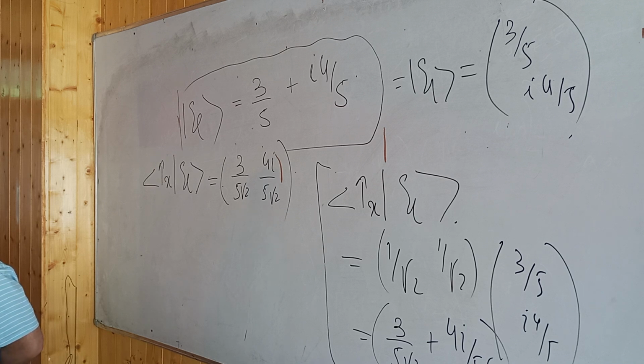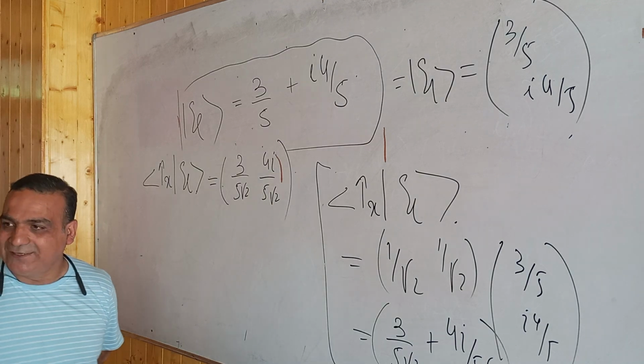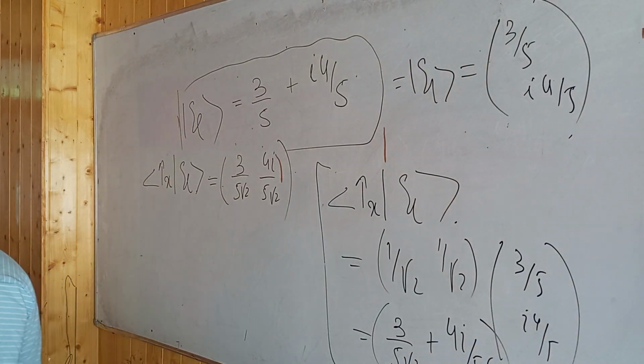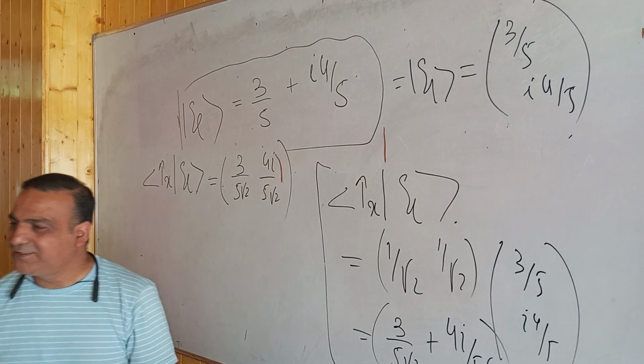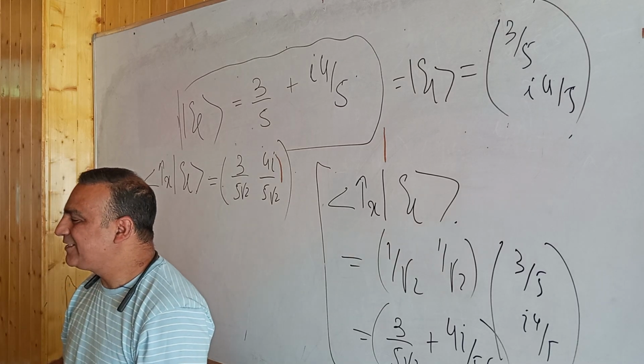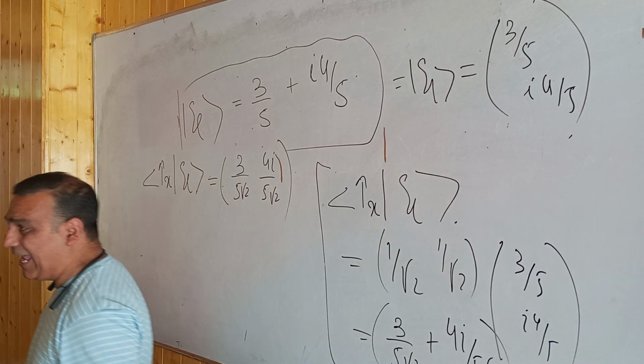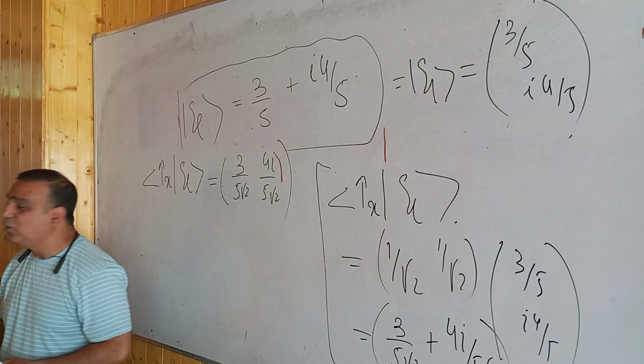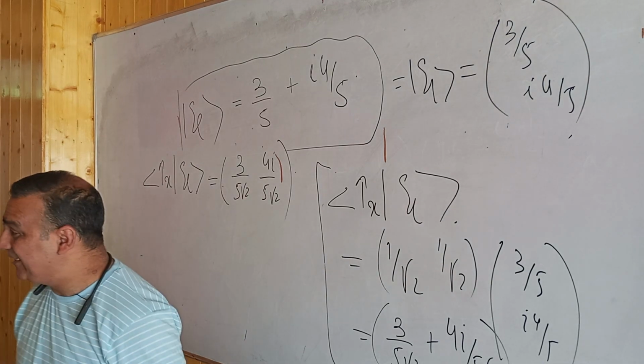But this is not the ordinary square, it's the square of a complex number. You multiply this complex quantity with its complex conjugate. So you take the mod, because everything comes out positive when you calculate the probability density.